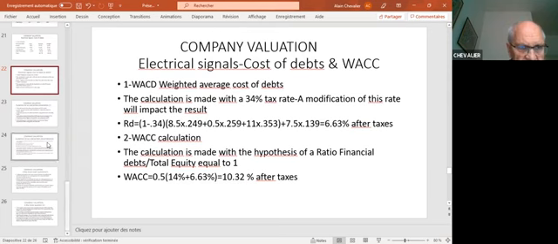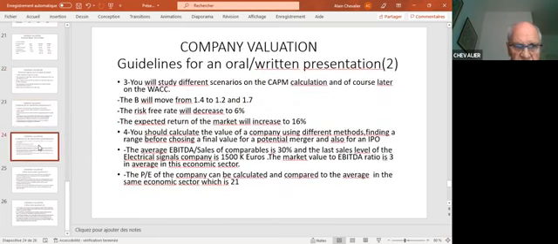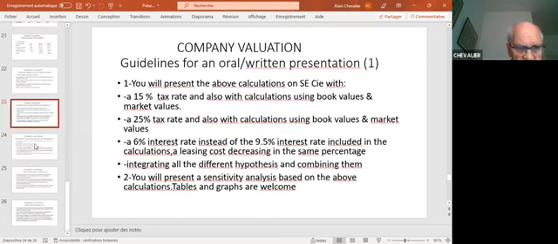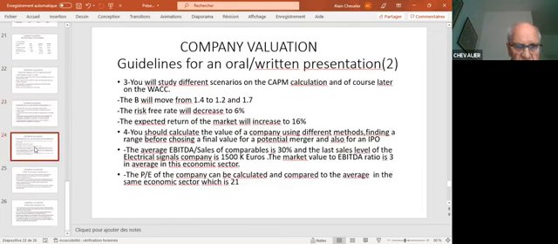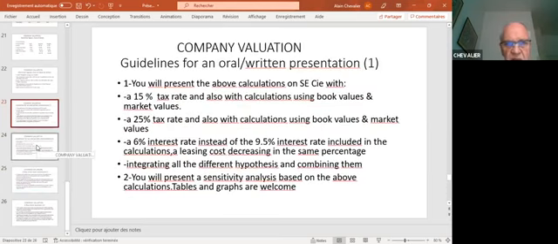After that, we have a few elements here on the company valuation case that you can integrate. It is just the same as I did for the biotechnology case.